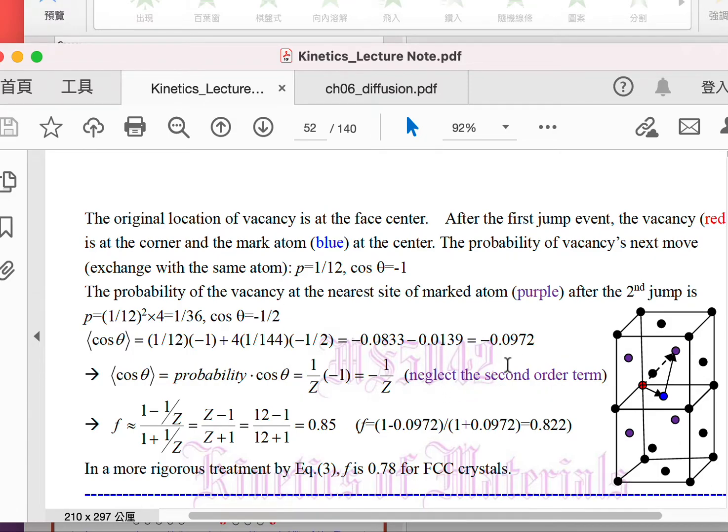So most people can just ignore the second order term. You just use the first order, the nearest vacancy or nearest atoms, to write down the average of cosine theta. Okay, so let's go back.